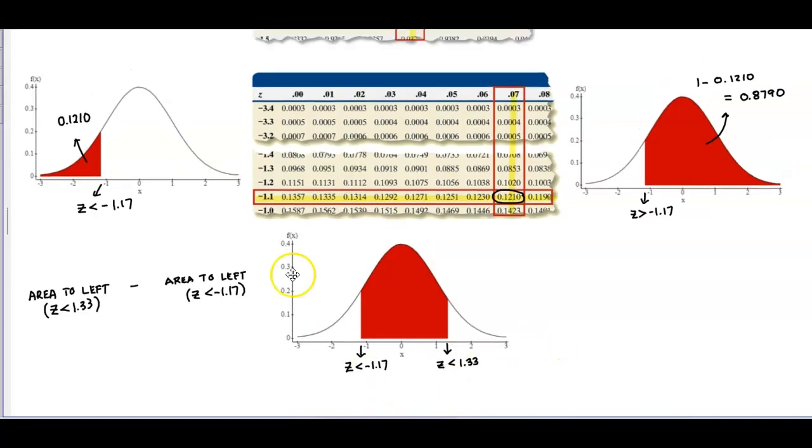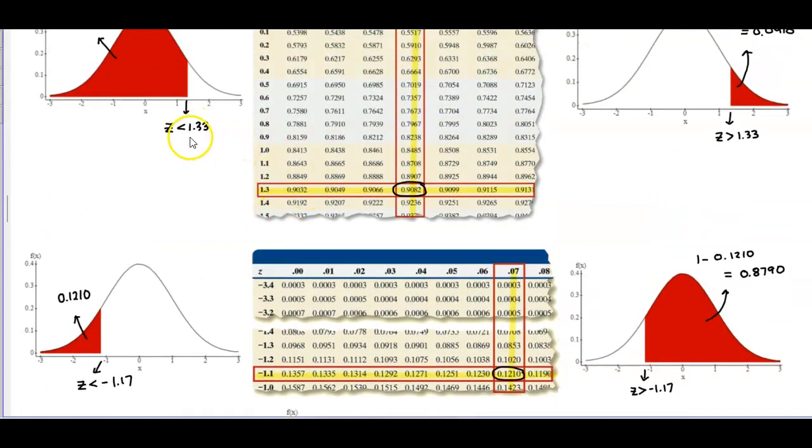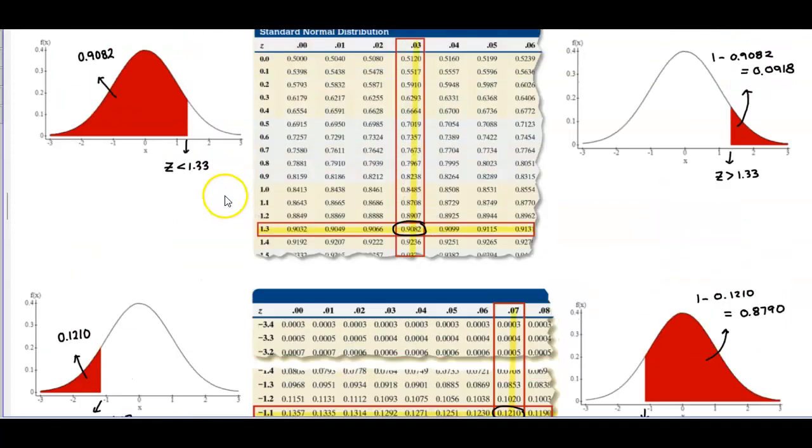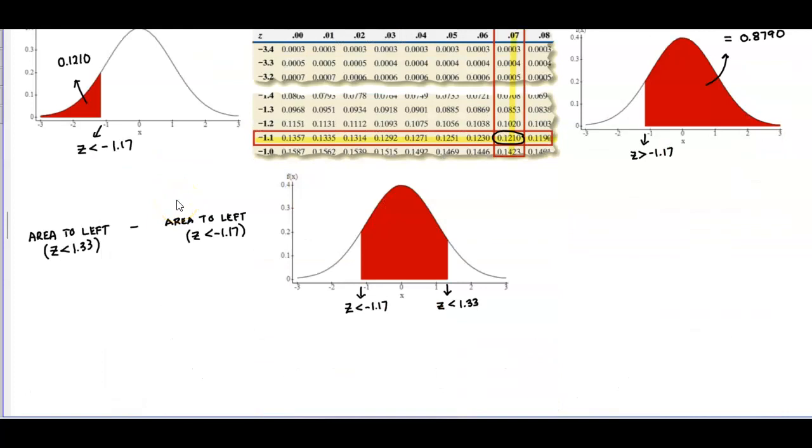So let's go back up here. What was the area to the left of 1.33? Well, that's 0.9082. And then we're going to subtract the area to the left of z less than negative 1.17, and that gives us 0.1210.